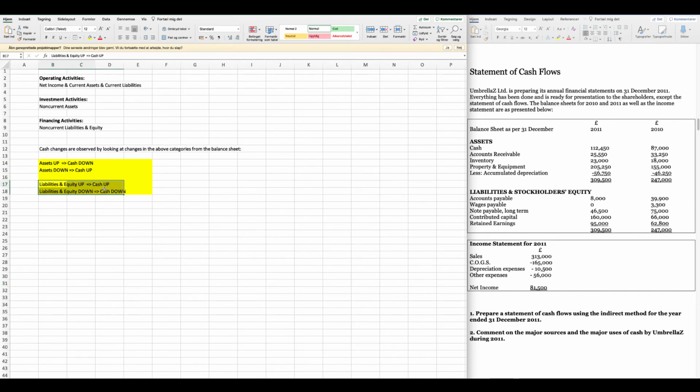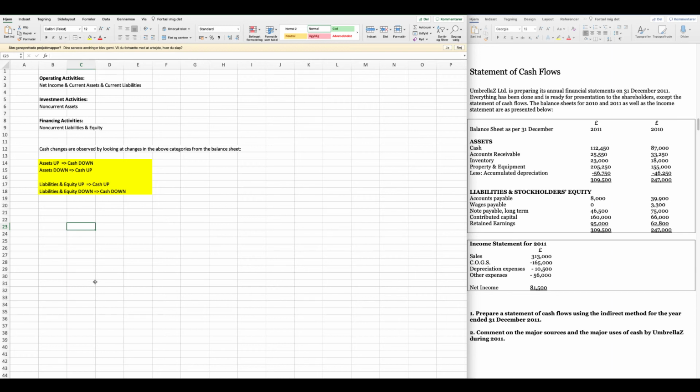I just want to say a few words about the logic, or the intuition, about the liabilities here, just so that we have that straight, and then we'll move into looking at the actual exercise. So for liabilities and equity, let's imagine a situation where we take out a new loan. That is, we borrow more money at the bank, for instance. That would entail that liabilities go up or increase. And of course, when we borrow money, cash would go up as well.